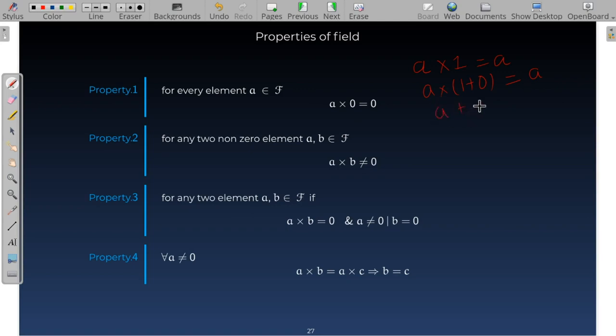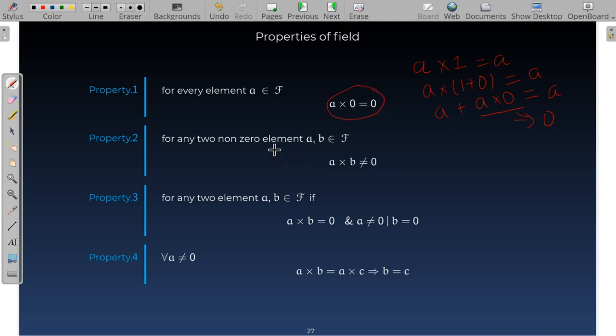So a plus a times 0 is going to be a. So you can see from here that a times 0 should be equal to 0. If you take the right side, you have a, and on this side it is going to be minus a. So a times 0 must be equal to 0. So we have proved this first property.